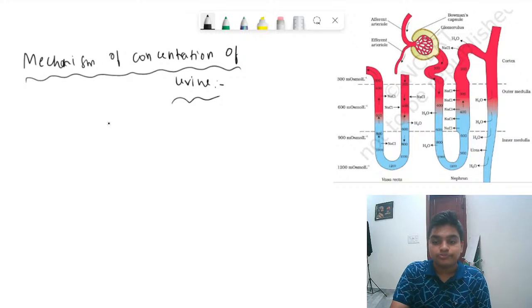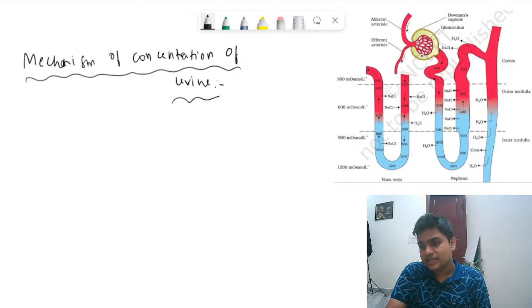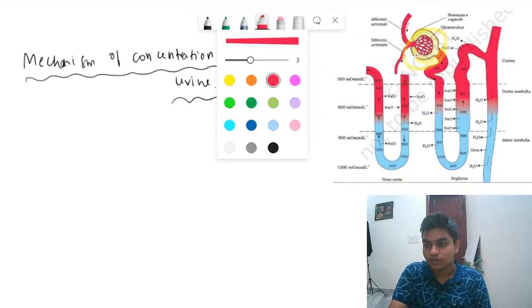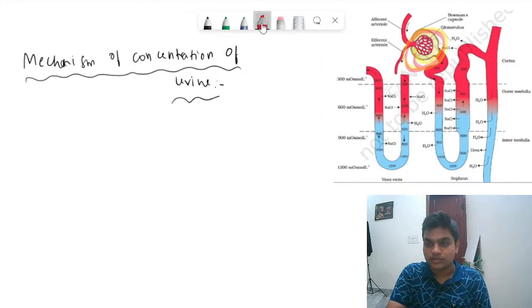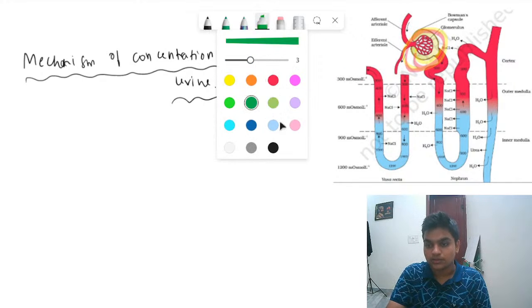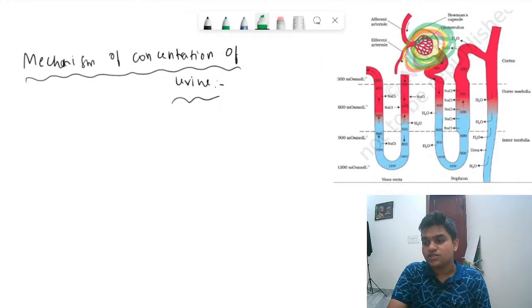Now see here, this is your Bowman's capsule part. Let me choose a different color. This is your Bowman's capsule part.